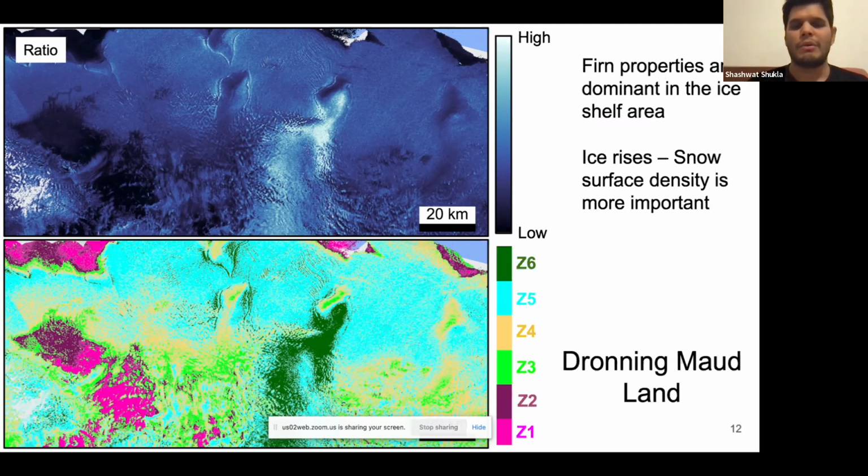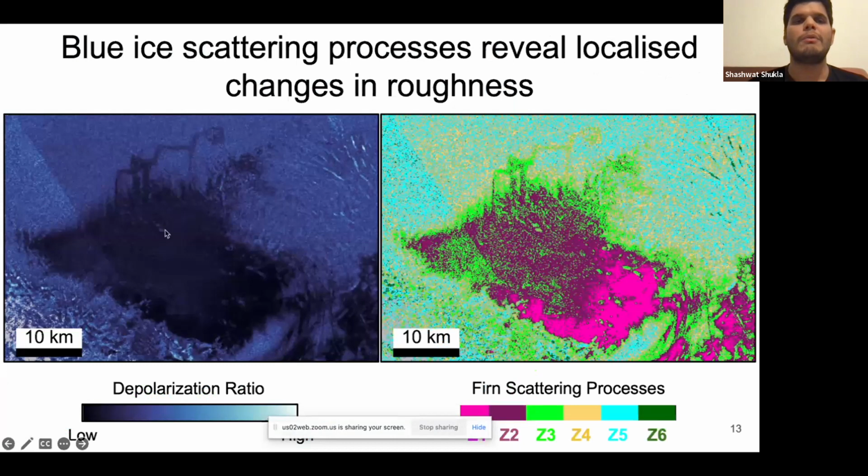But let's have a more zoomed in version of this particular blue ice area. So this figure, I really found super interesting because of the variation we can see from this classified image. Here, especially in this particular part where there's a light red color, roughness is more dominating, and the roughness in this region is from medium to large scale roughness.